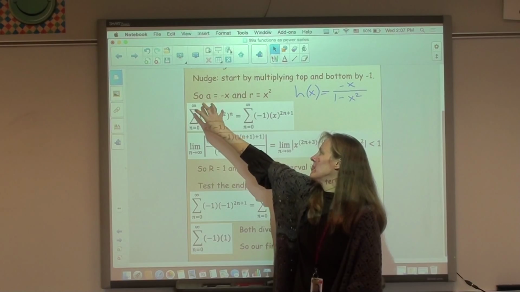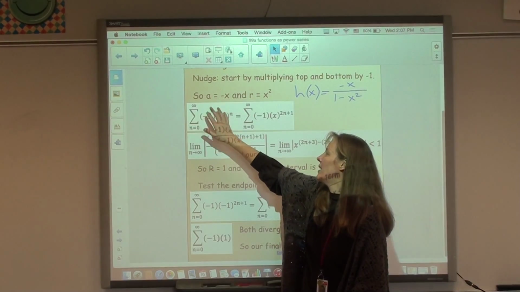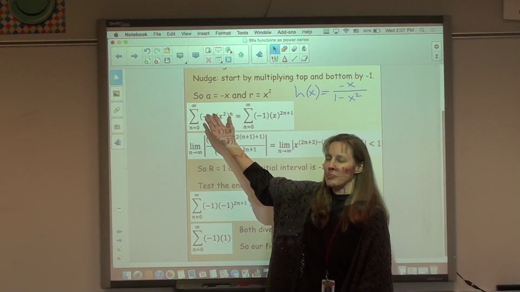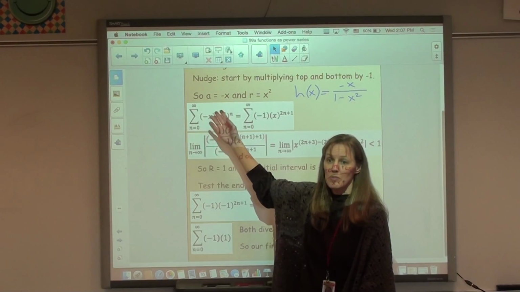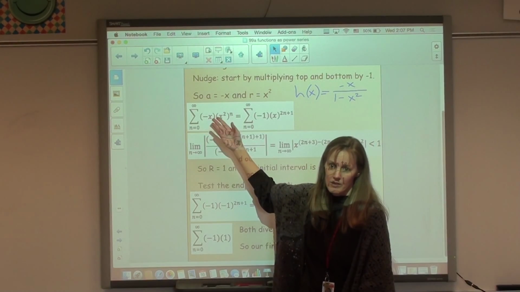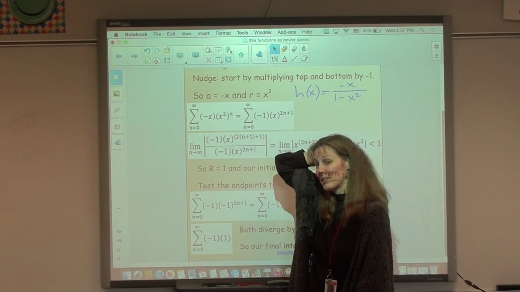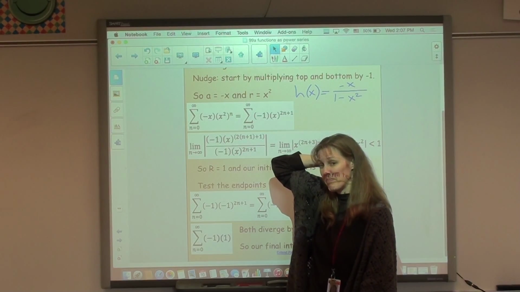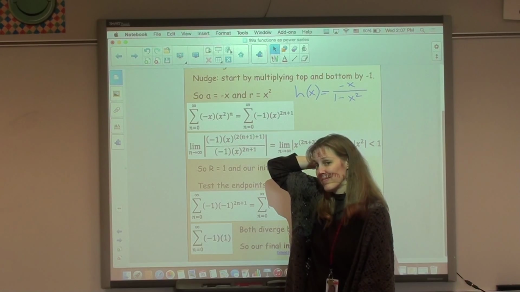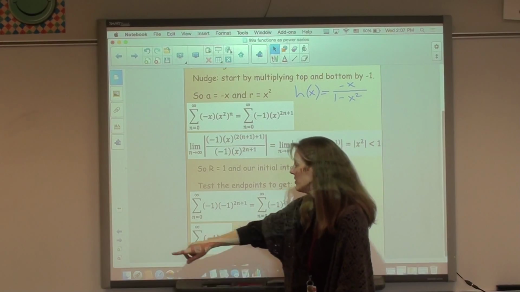If I keep it like this, I'd have to plug in numbers for x, and I get different sums depending on which numbers I plugged in for x. And x can be any number between -1 and 1 for it to converge to a sum. Moving on.